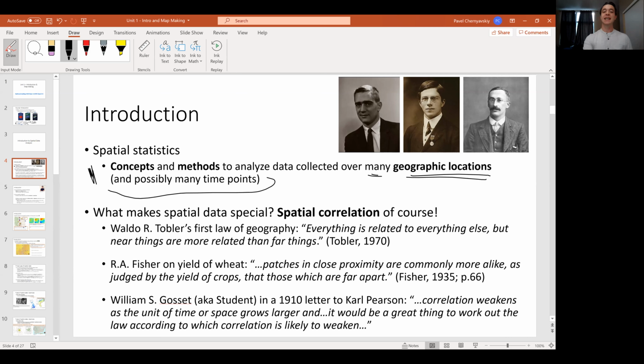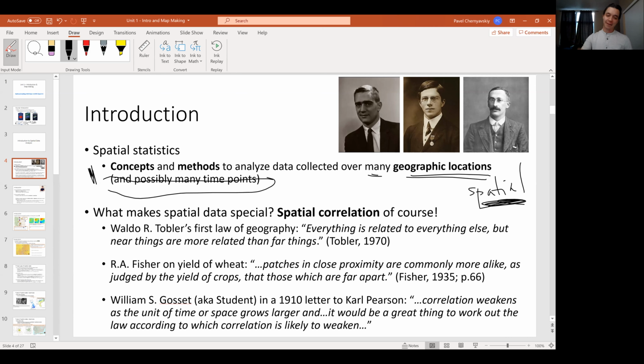Most commonly, it is both spatial and over time. But the methods to analyze space-time data are more complex than space alone. And so in this class, we will be dealing with things that are spatial.